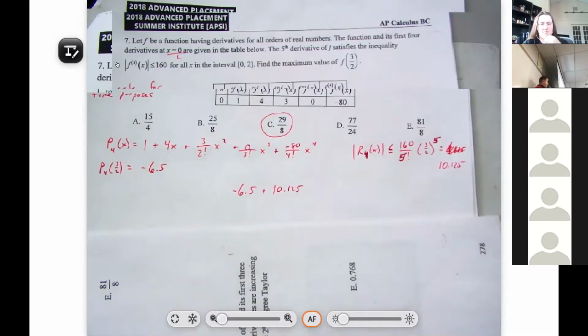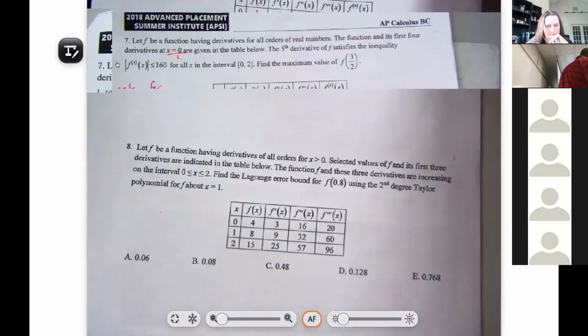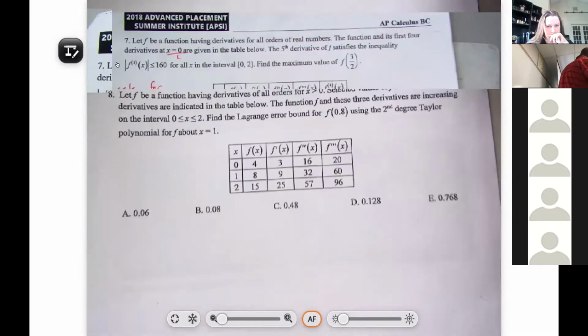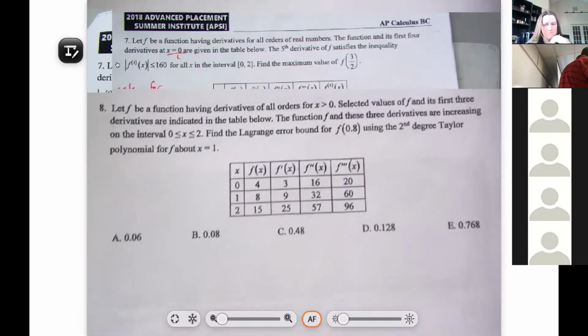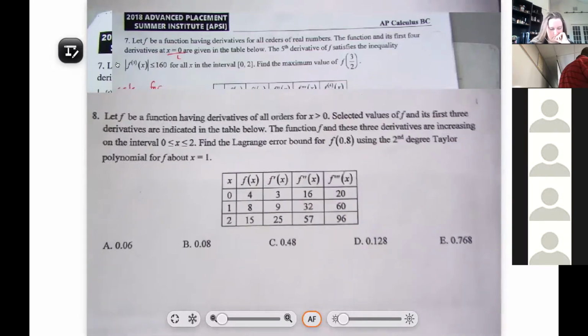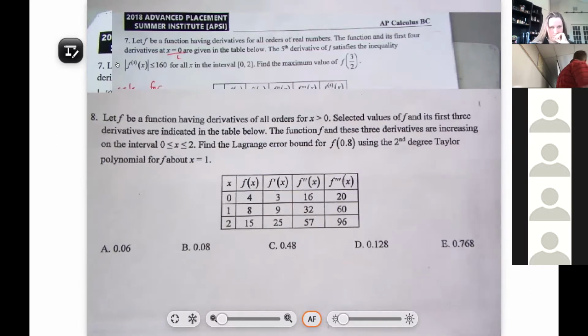Got one more. Can we handle it? Am I losing you? Last one. If you get it right, you're the class champion. Anybody want to be the class champion? Who's the current class champion? It was Sam at the very beginning of the year.